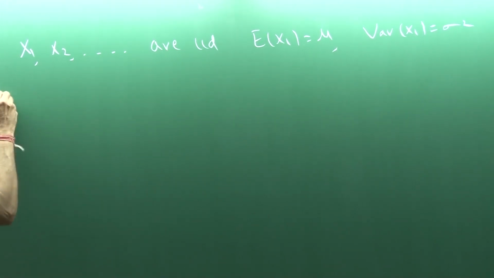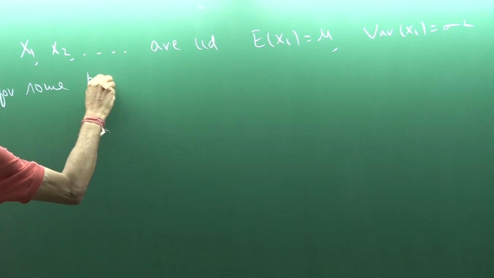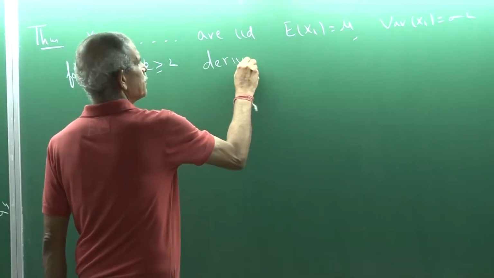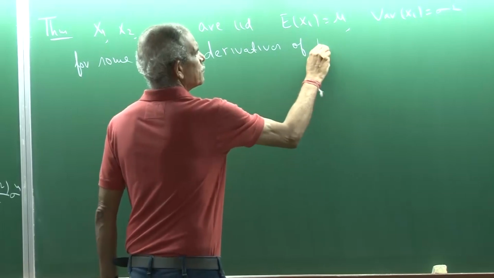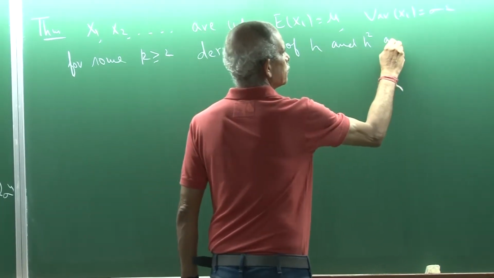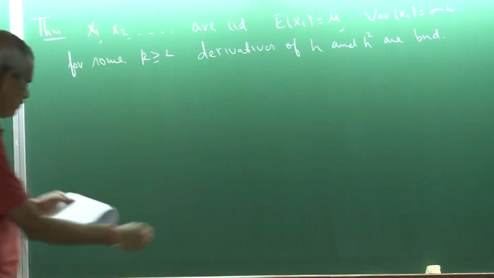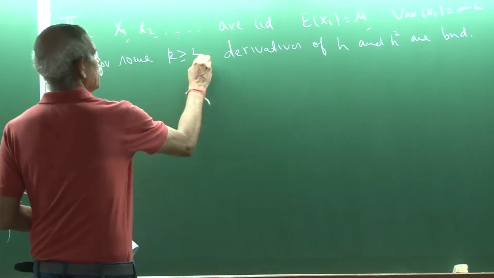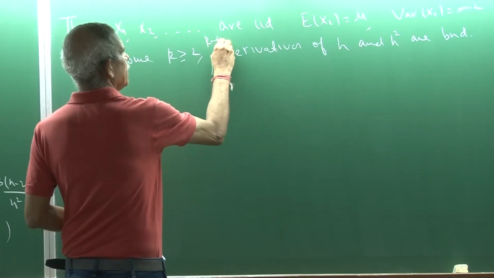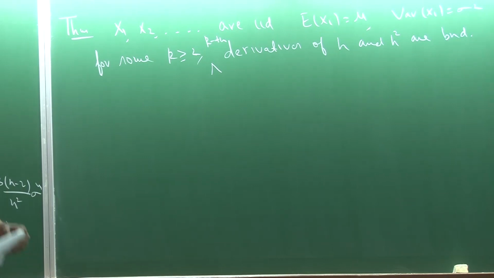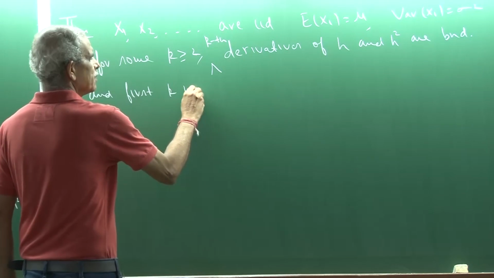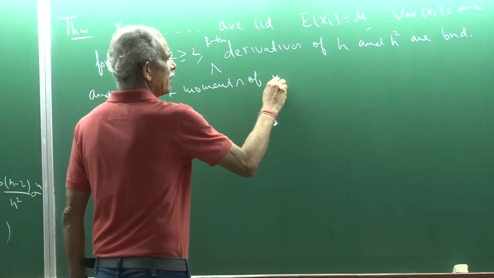And for some k greater than or equal to 3, the kth derivatives of h and h square are bounded, where h is some function, and the first k moments of x1 exist.